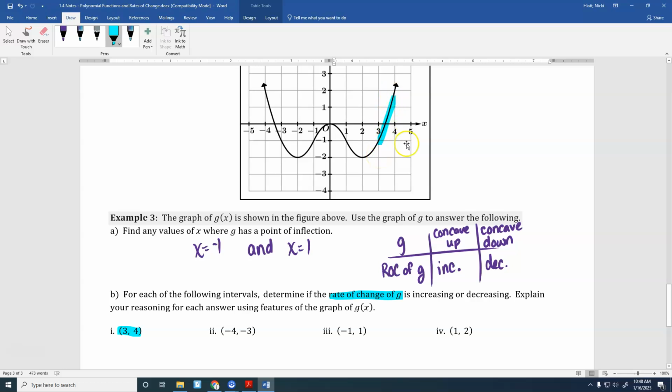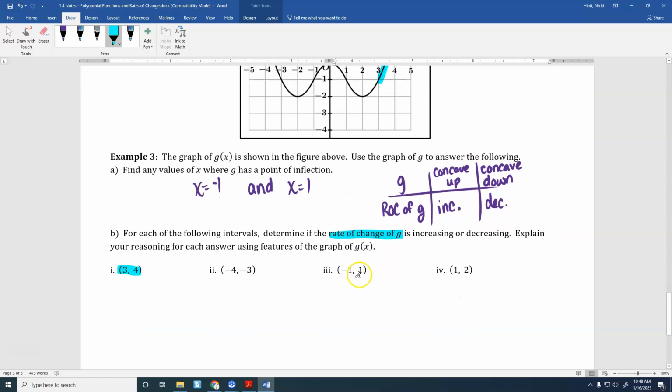It is increasing, because we're concave up there. So we would say rate of change of g is increasing because g is concave up.